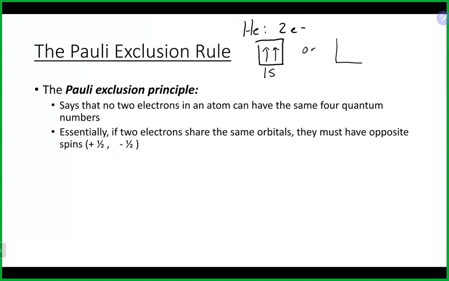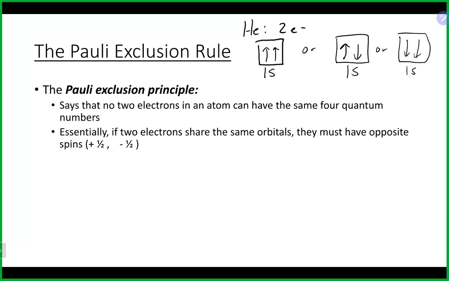Or another option is we could go one up and one down. Or your third option, if you didn't know the rules, is you could put them both down, which wouldn't be good. So how does a second electron go in there?